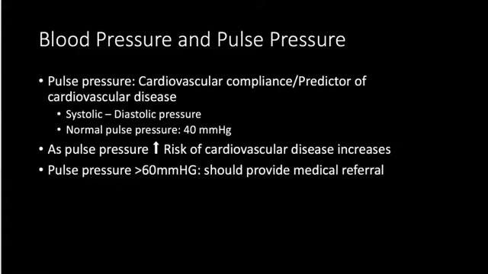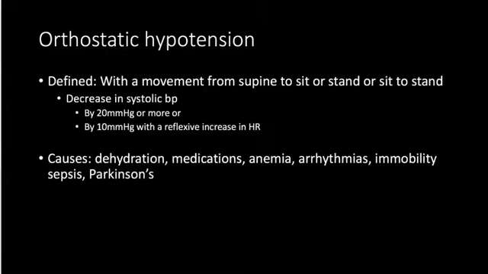As the pulse pressure increases, the risk of cardiovascular disease increases. If pulse pressure is greater than 60 millimeters of mercury, you should provide a medical referral. It doesn't mean that you're not going to see the patient for physical therapy, but you want to have them more thoroughly checked.